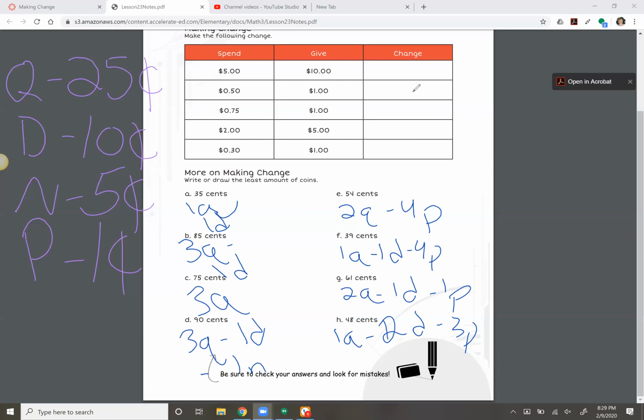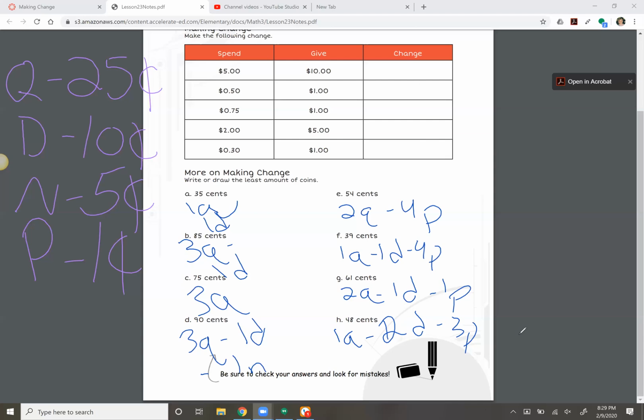Now 48 cents, you can see here, Miss Tori almost messed up because I didn't think, oh, I forgot one. So I almost wrote 1 and then I corrected and wrote 2. 48 cents.